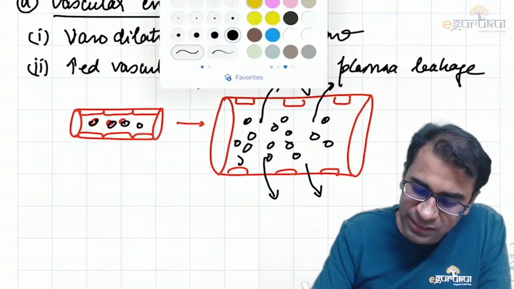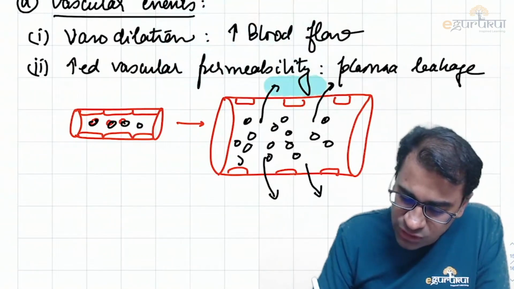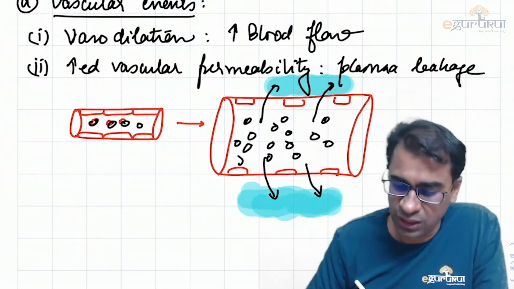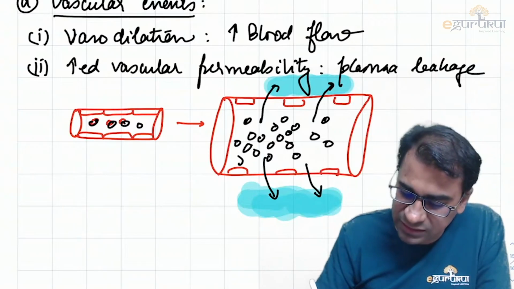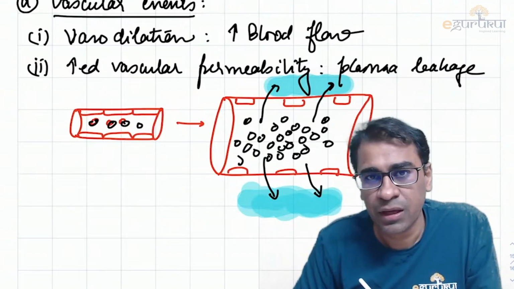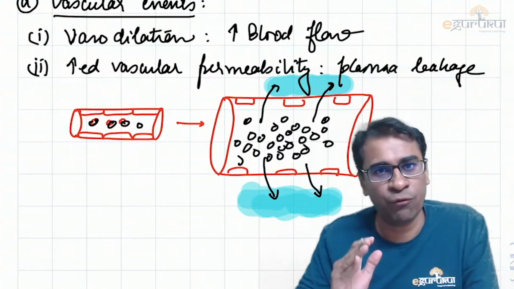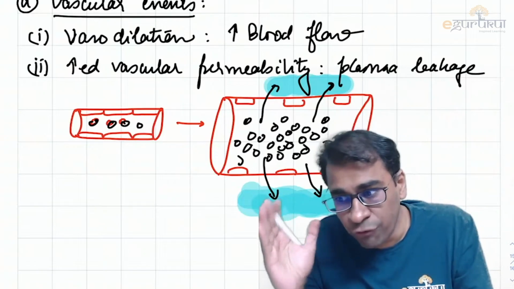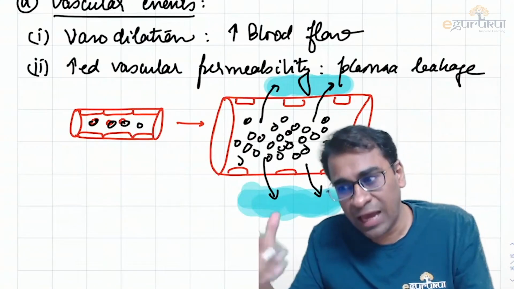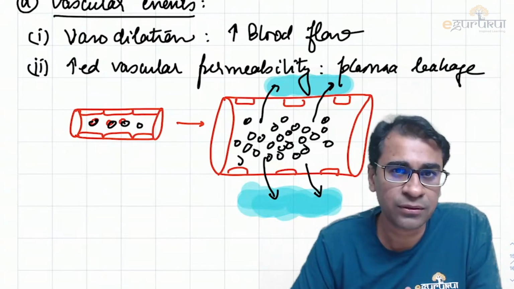Now, because the fluid is oozing out of the vessel like this, the cells are increased in the vessel. Ultimately, think once, more cells have moved to the area, and now the fluid has come out. What will happen? Think.